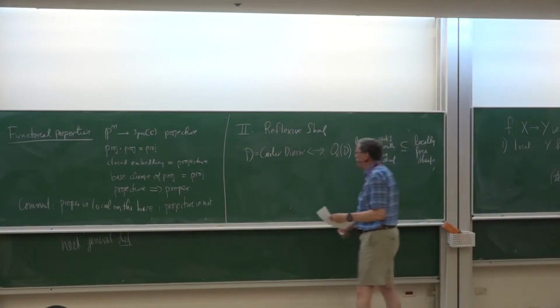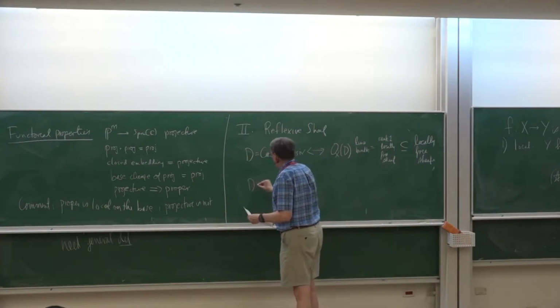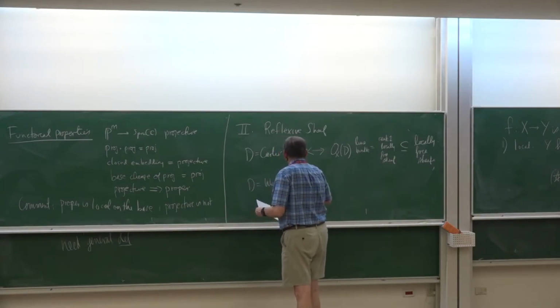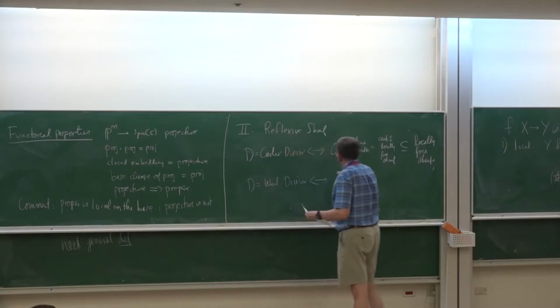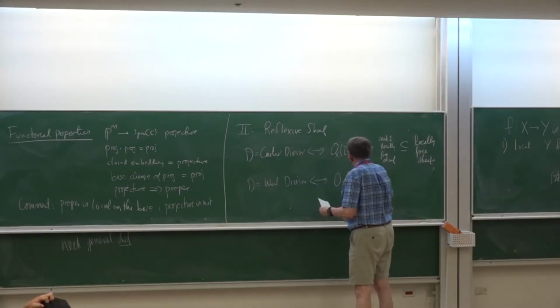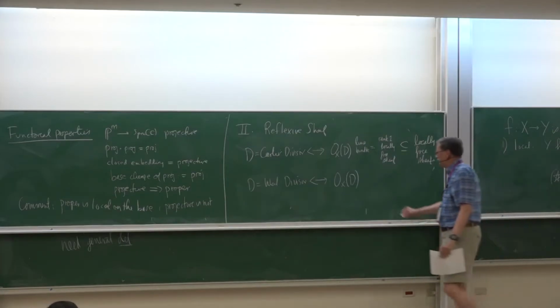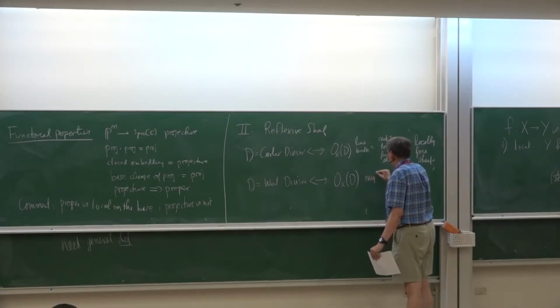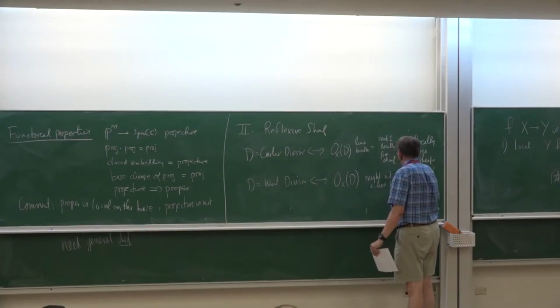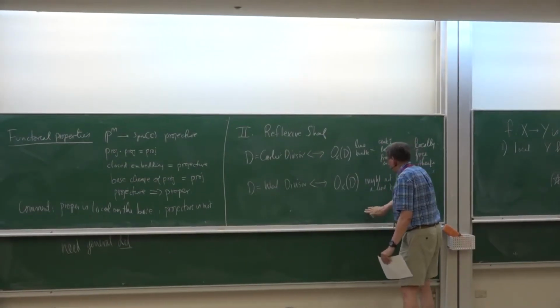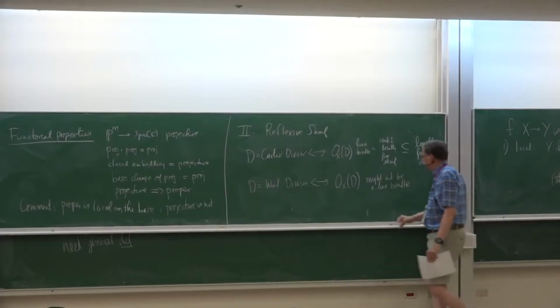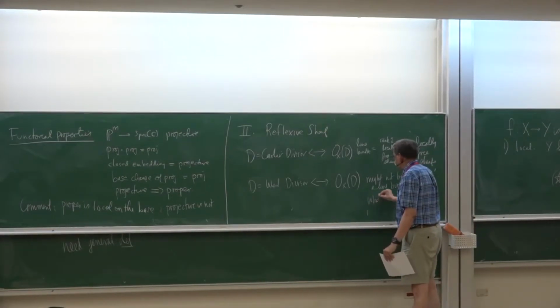But then when we have a Weil divisor, we certainly have the sheaf, but it might not be a line bundle. And so the question is, what is it?